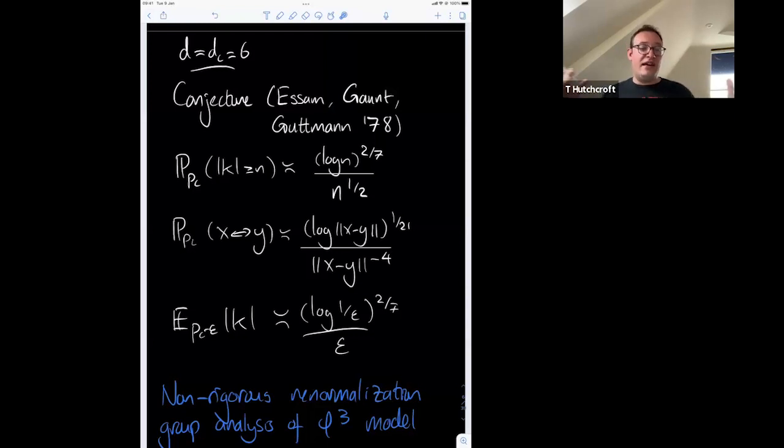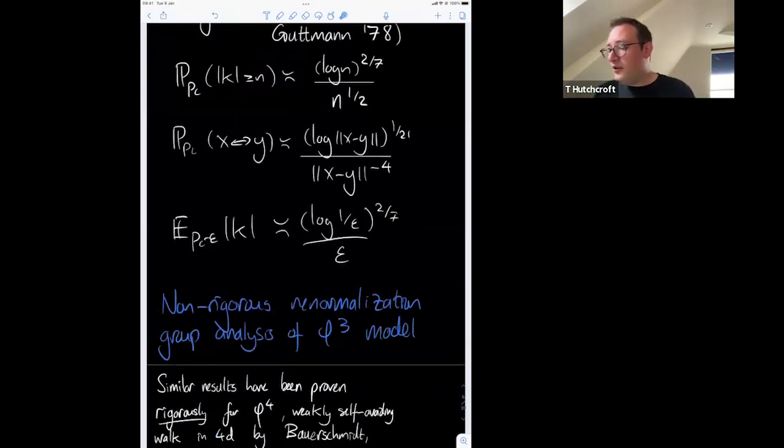So if you scale appropriately, including the right log corrections, the conjecture would be that you still get the super Brownian motion in the scaling limit in 6 dimensions. Of course, this is well beyond what we know how to prove. I mean, we don't know how to prove really anything yet about 6-dimensional critical percolation.